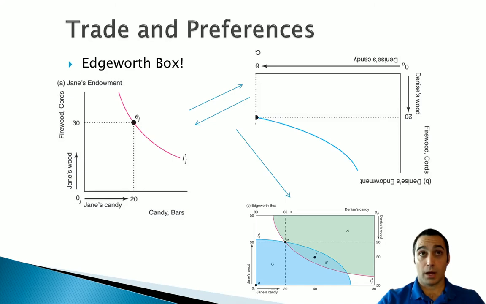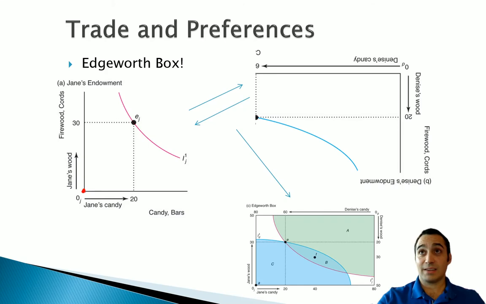To make an Edgeworth box, you gotta pull what we call the Missy Elliott maneuver. We gotta take Denise's frontier and flip it and reverse it, and then staple it to Jane's. So picture the bottom left origin going up. This is Jane's possibility frontier, Jane's indifference curve and her endowment.